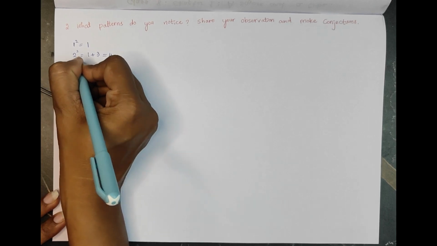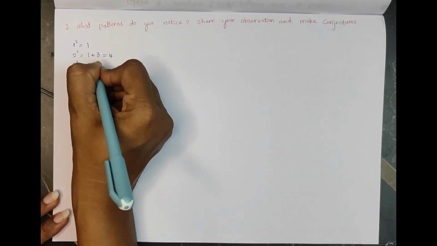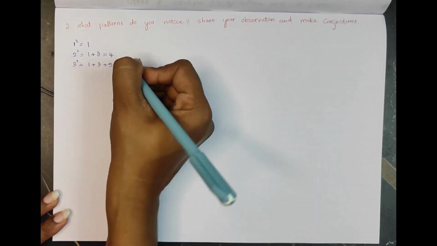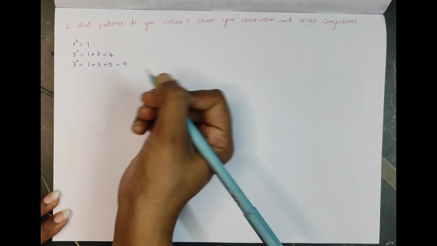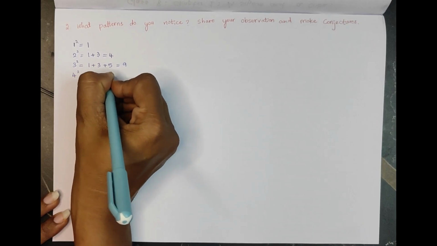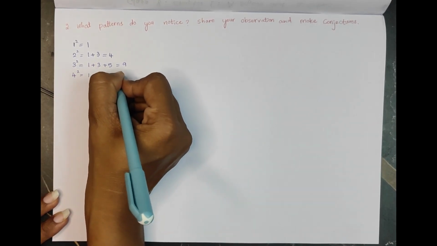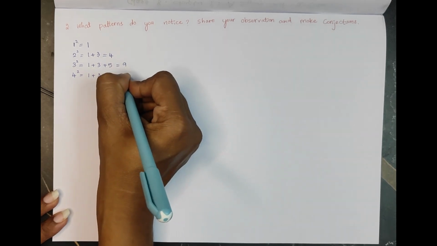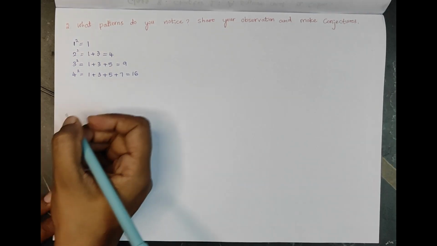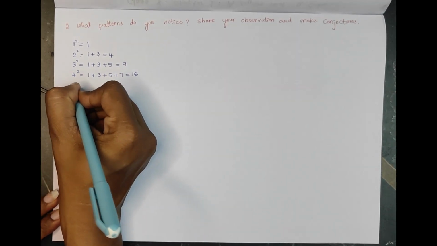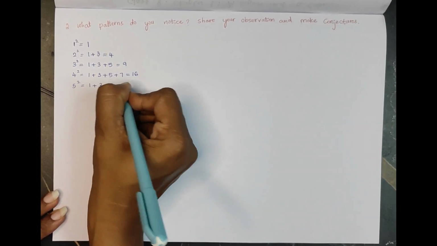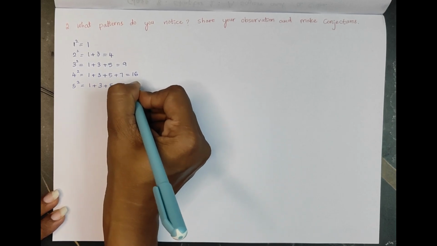Similarly, the next one, 3 square is 1 plus 3 plus the next odd number, 5. So the sum will be 9. 4 square, 1 plus 3 plus 5 plus the next odd number, 7. If we add 7, we'll get in total 16. So next number is 5 square. 1 plus 3 plus 5 plus 7 plus the next odd number, 9.